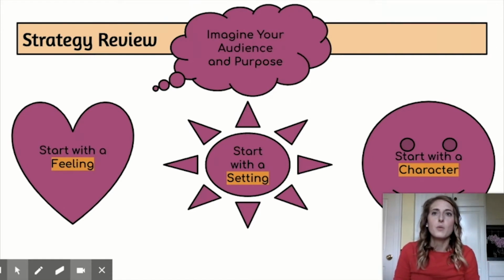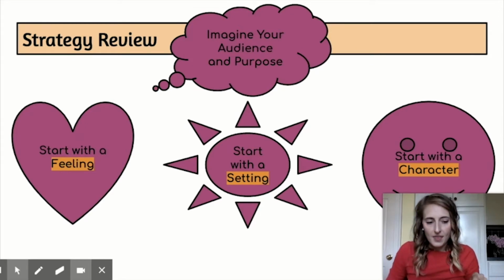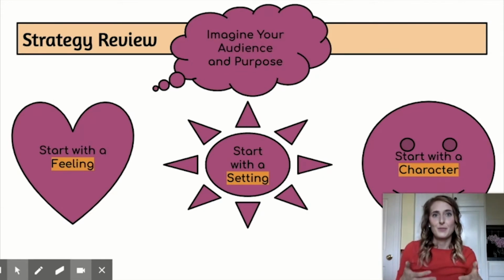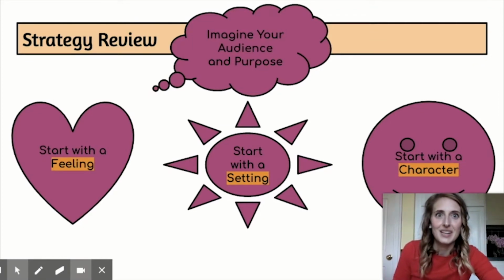Like maybe I want to keep my character, the student that I started, but then on the feelings page, I wrote about when I was happy when my sister played with me. So maybe this character doesn't have a sister and wants someone to play with her. So that's one idea of a story I can write.